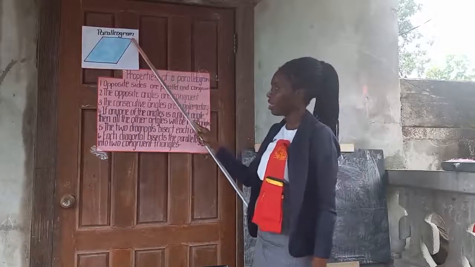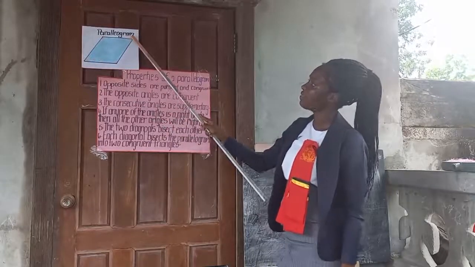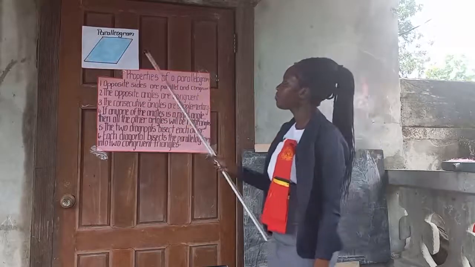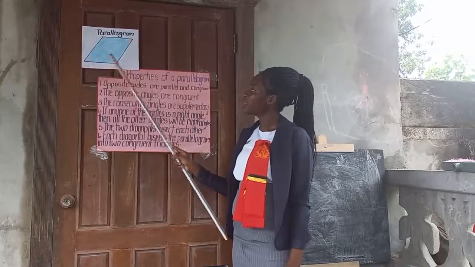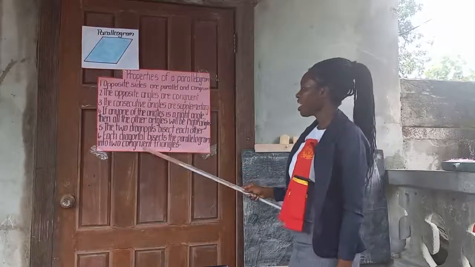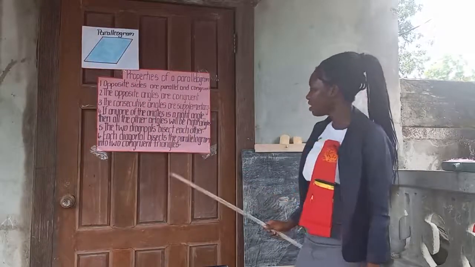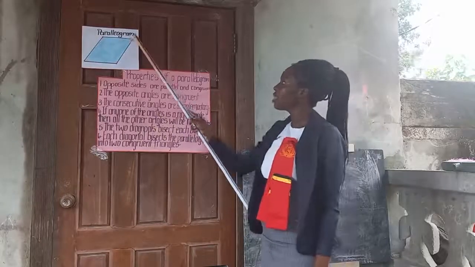So diagonal, we know it's a slanted line, so it must divide the shape into equal parts. The diagonals, they will bisect each other. Each diagonal bisects the parallelogram into two congruent triangles.